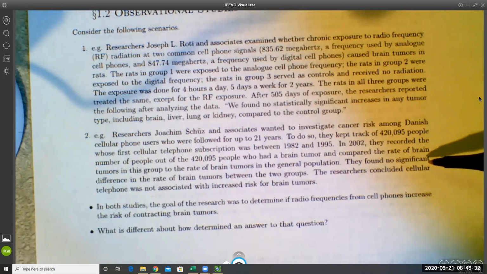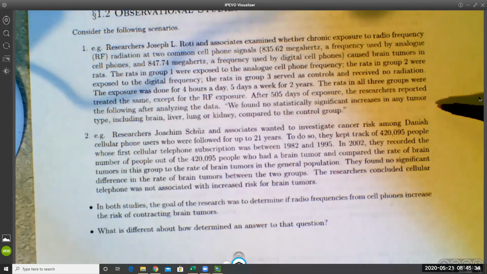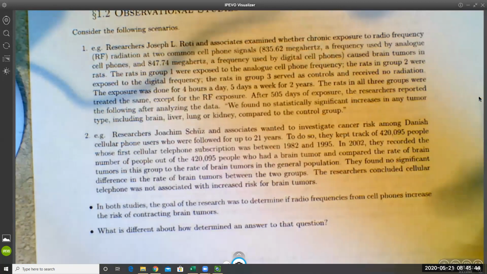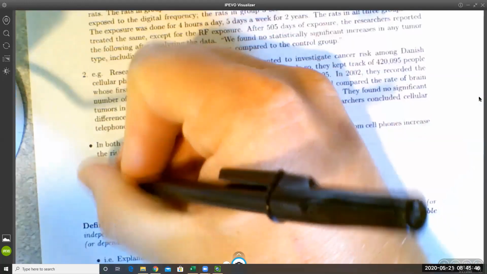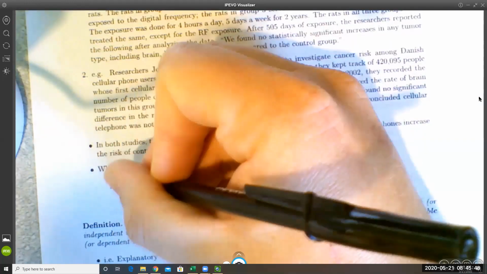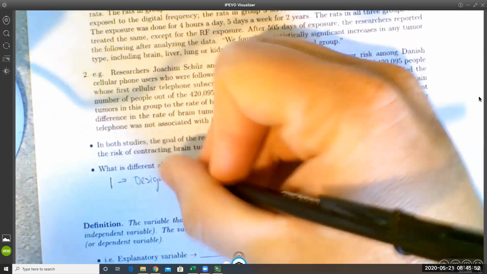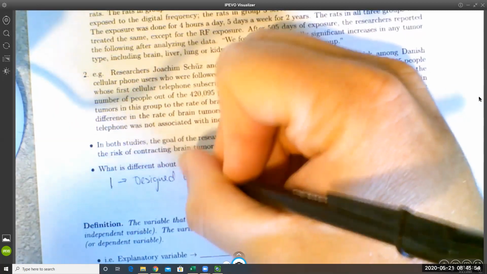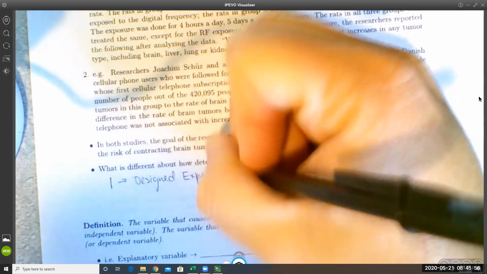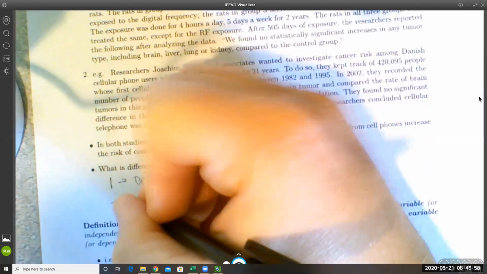So the way that we distinguish between these two ways to answer this question is that we call the first one a designed experiment, and we call the second one an observational study. So the first one was a designed experiment, and the second one was an observational study.